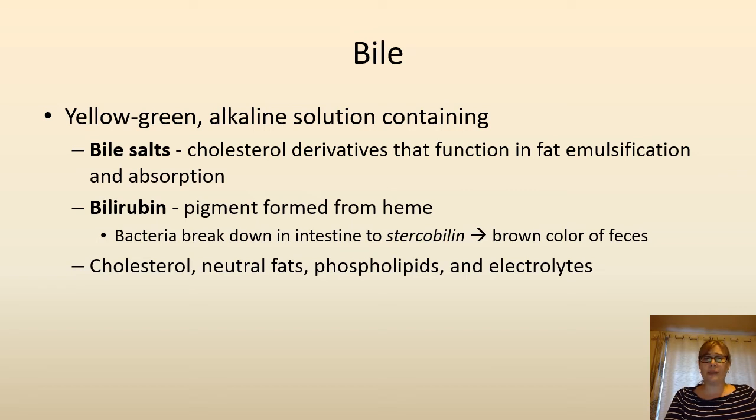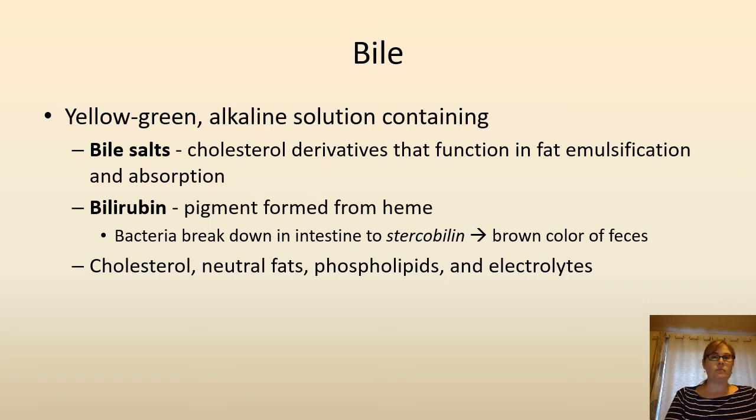We also have bilirubin. You don't need to understand the function of bilirubin, but it is formed from heme, the heme group of hemoglobin, and we break that down in our intestines. The bacteria that live in our gut are the ones that do the breaking down, and it makes a brown color instead of this yellowish color called stercobilin.